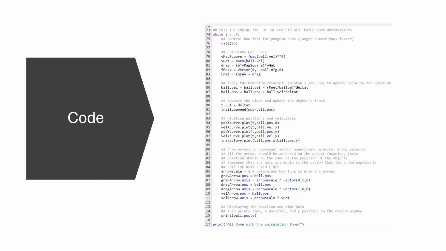The rest below is what actually makes the ball go. And so we have the ball's velocity plus the change of the velocity due to the force times how long our time intervals last. And then we have our ball's position, which is the ball's position plus the velocity times how long we had it go for.